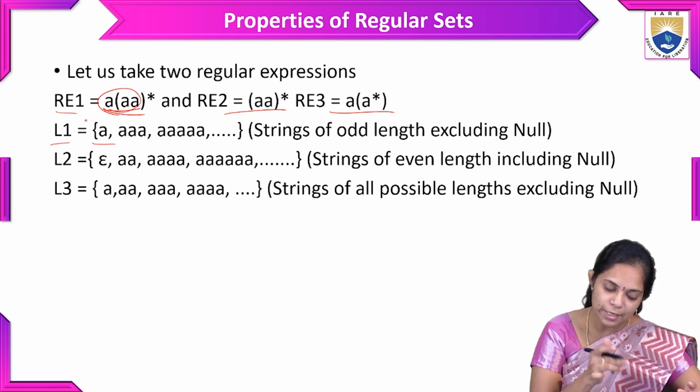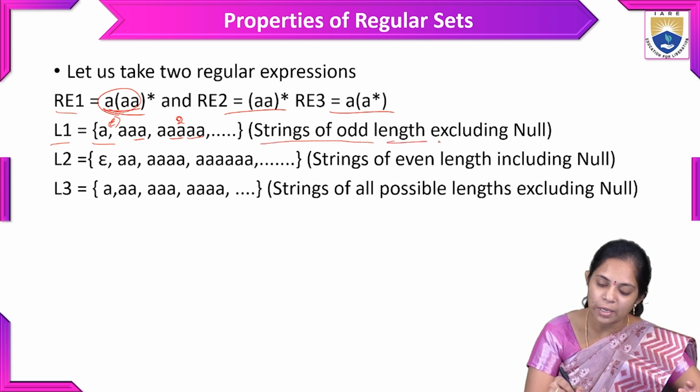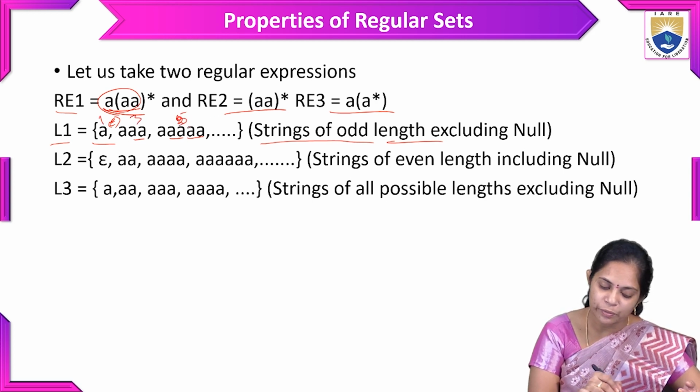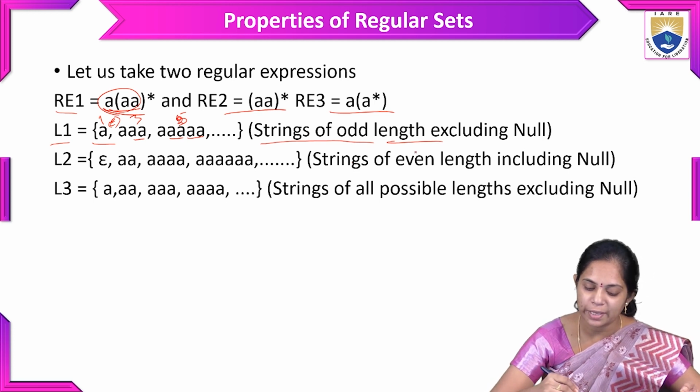If we take regular expression 1, a whole star, a star represents epsilon, nothing, then a, then a two times, and so on. It is all the combinations of strings of odd length. So a occurs 1 time, 3 times and 5 times, so the number is odd, the odd length including null.